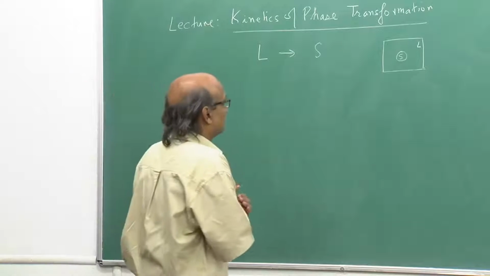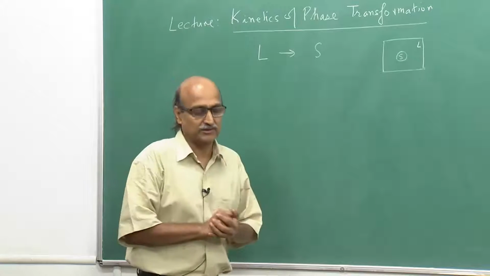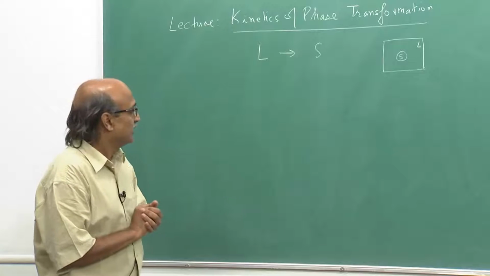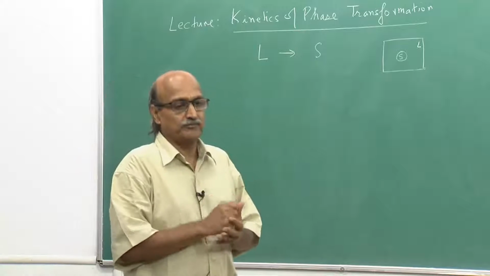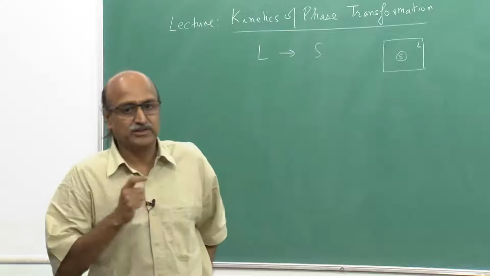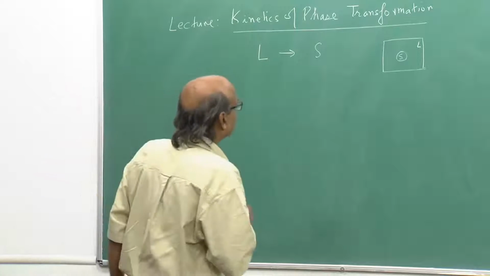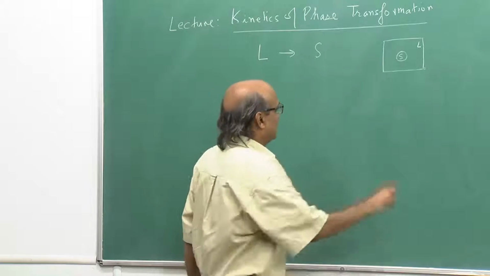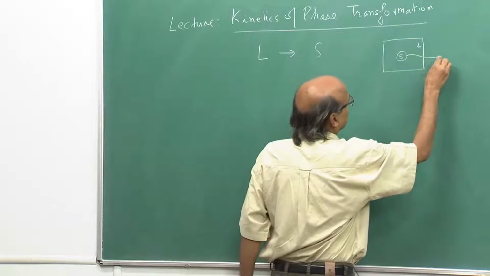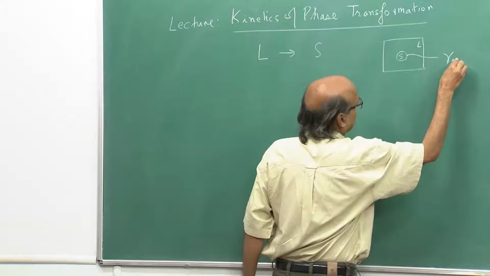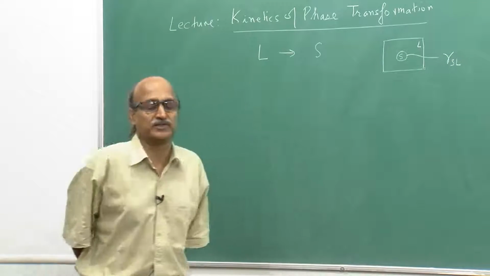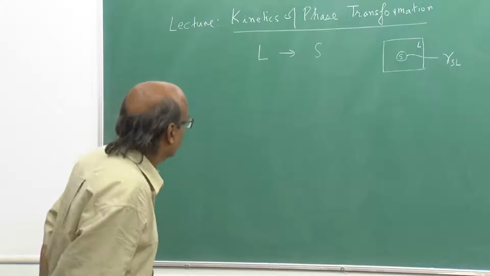The two factors that govern this are the change in the volumetric free energy of the nucleus and the surface energy of the solid liquid interface that is created, gamma SL.